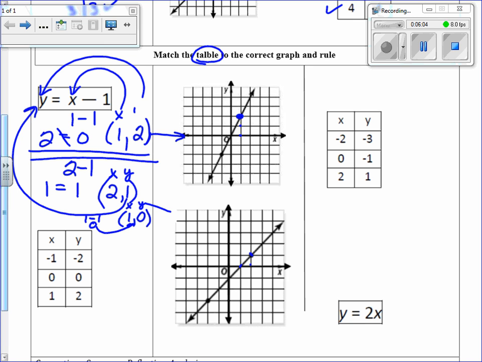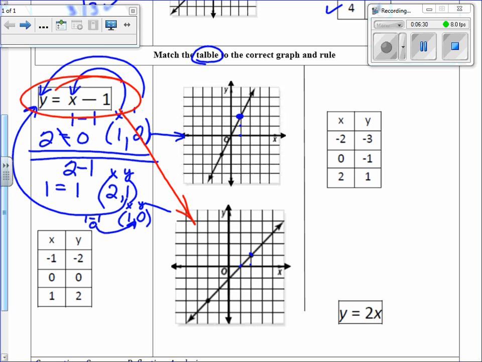And that has to be what my y value is, because it says y equals x minus 1, or 0 equals 1 minus 1. And sure enough, that works. So I can say that this rule right here, y equals x minus 1, matches this graph right here.